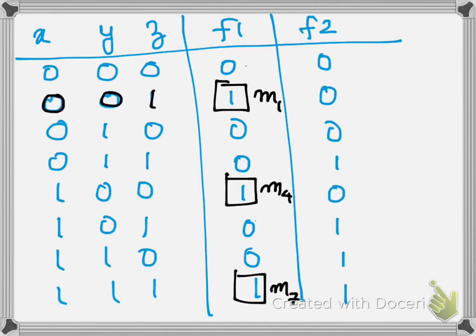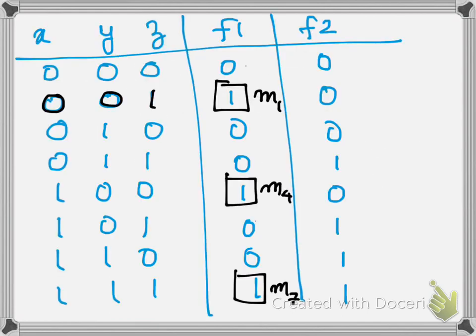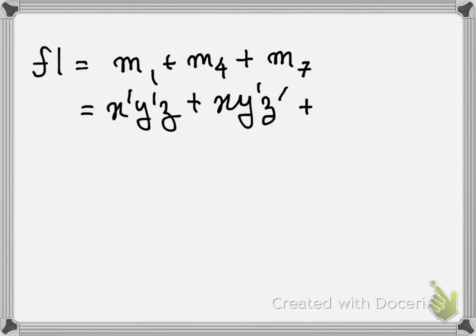M4 is x y dash z dash, and M7 is x y z. Okay, so this is F1.